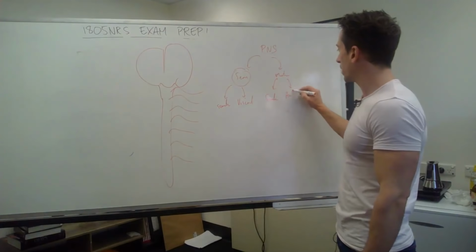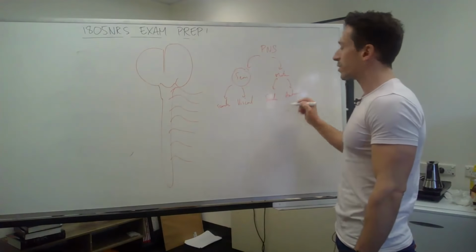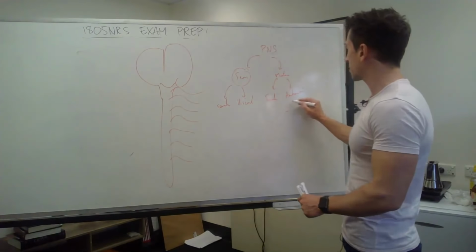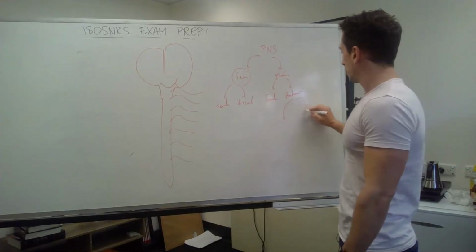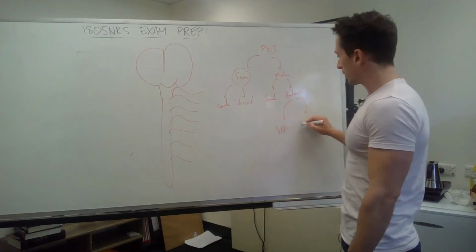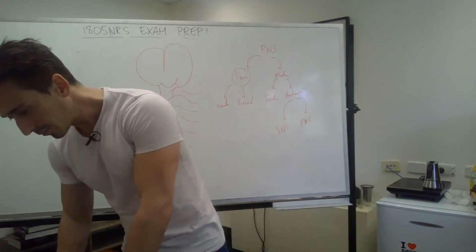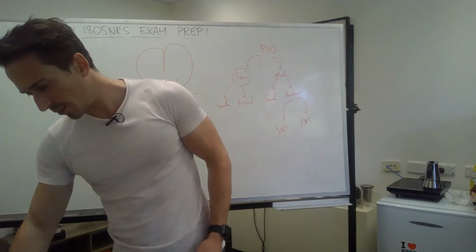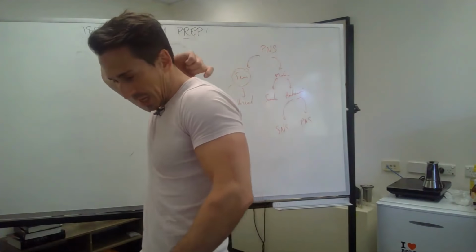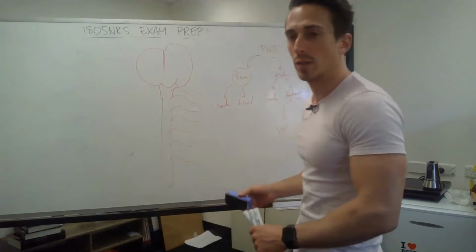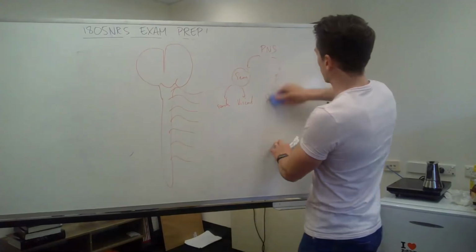Then you're going to have autonomic, which is unconscious movement. This then gets broken up into the sympathetic nervous system and parasympathetic nervous system. All right, list the cell types, neurons and glia, and describe their anatomical and physiological significance.